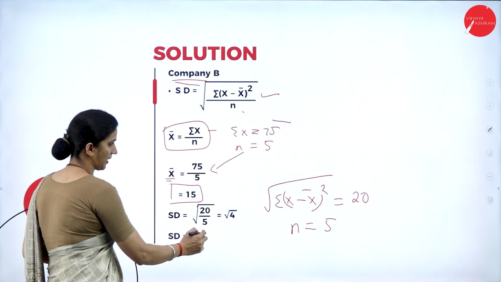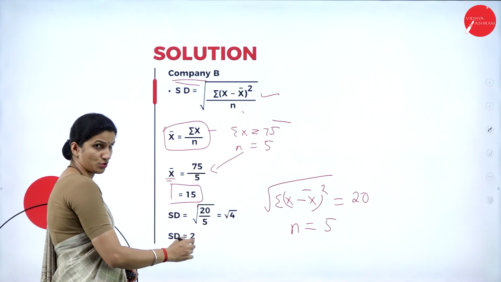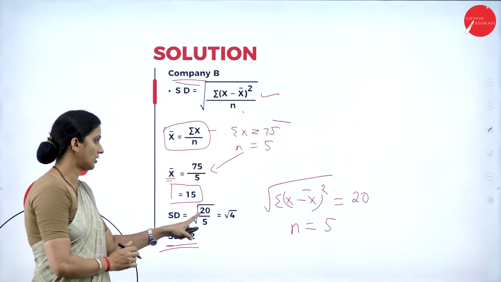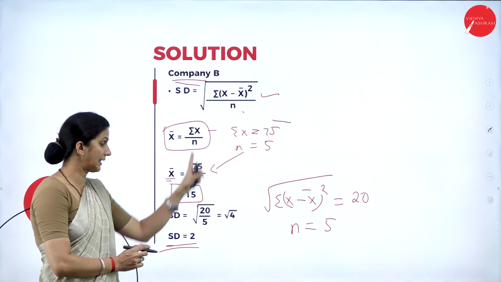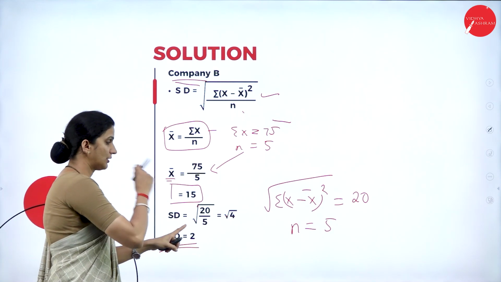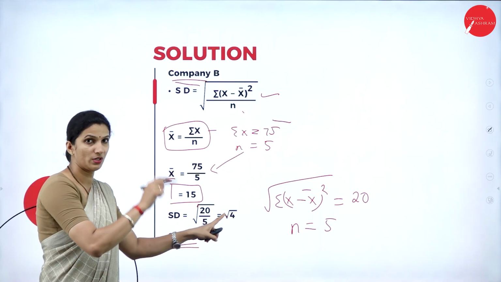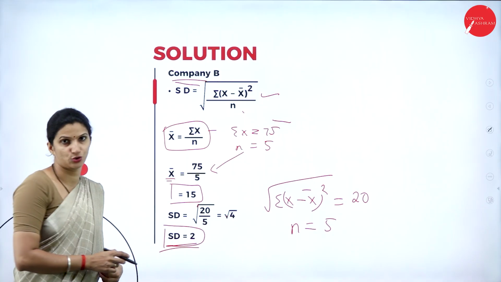So 20 by 5 is 4. If you take the root of 4, the standard deviation is 2.